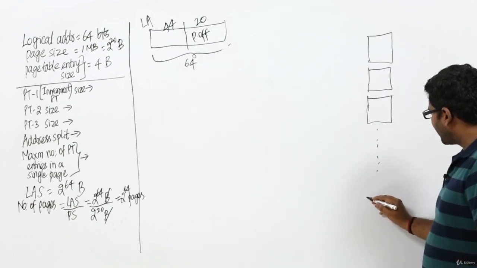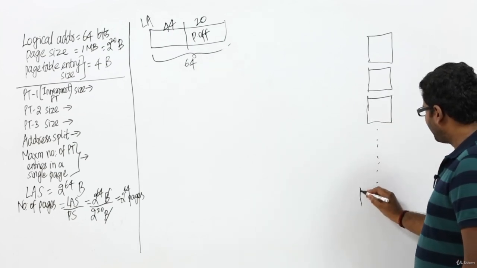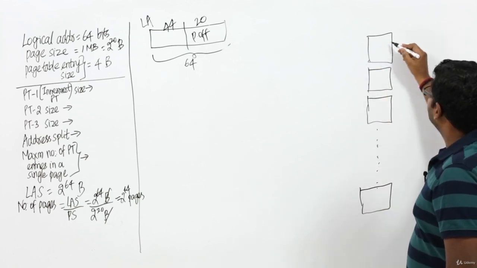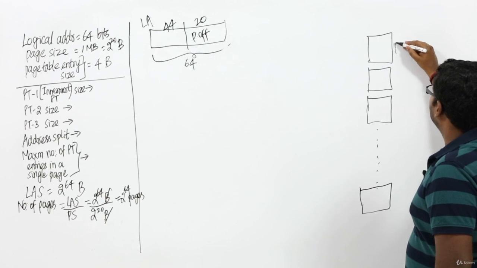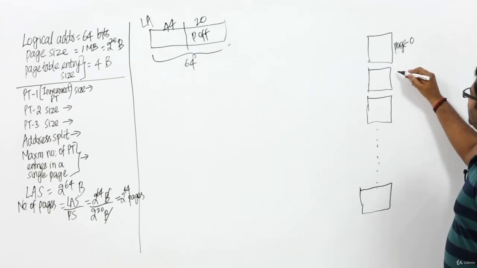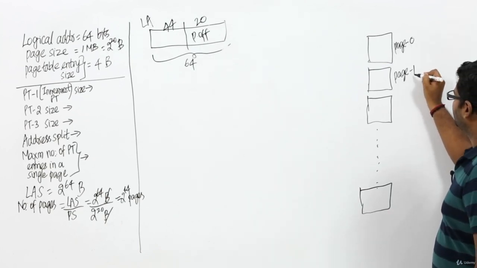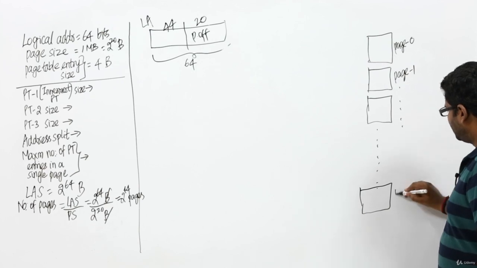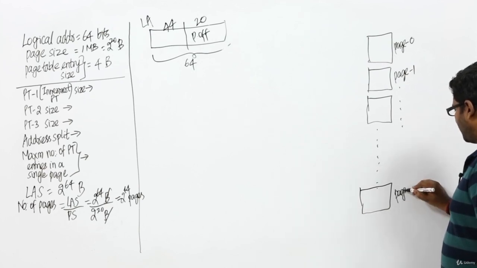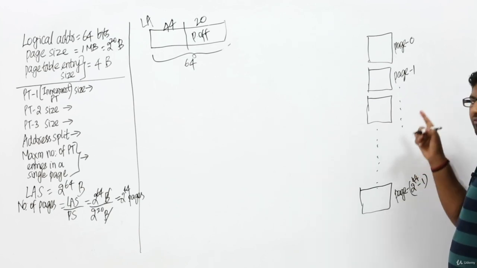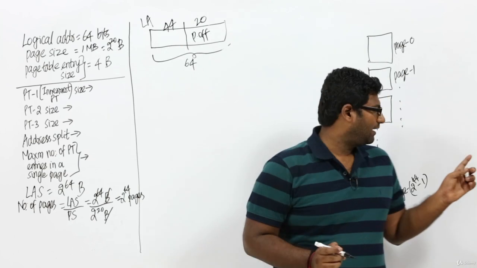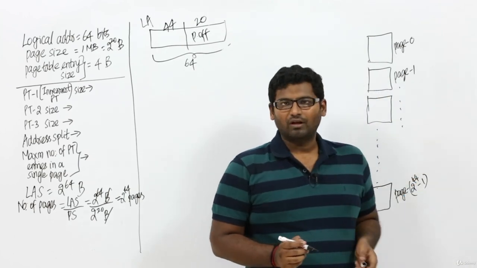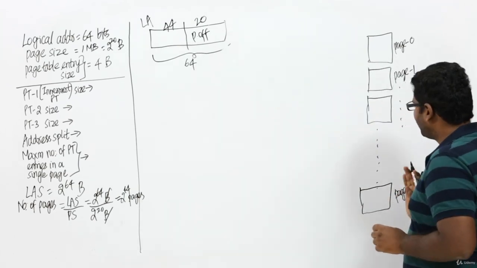It will keep on going till 2 power 44 minus 1, because starting from 0 I need 2 power 44 pages, so I am going from 0 till 2 power 44 minus 1. Fine. So I have created the 2 power 44 pages.